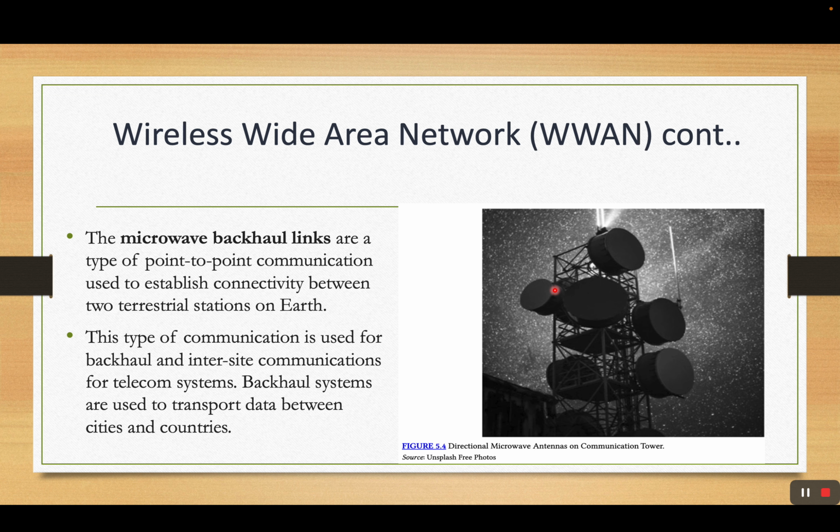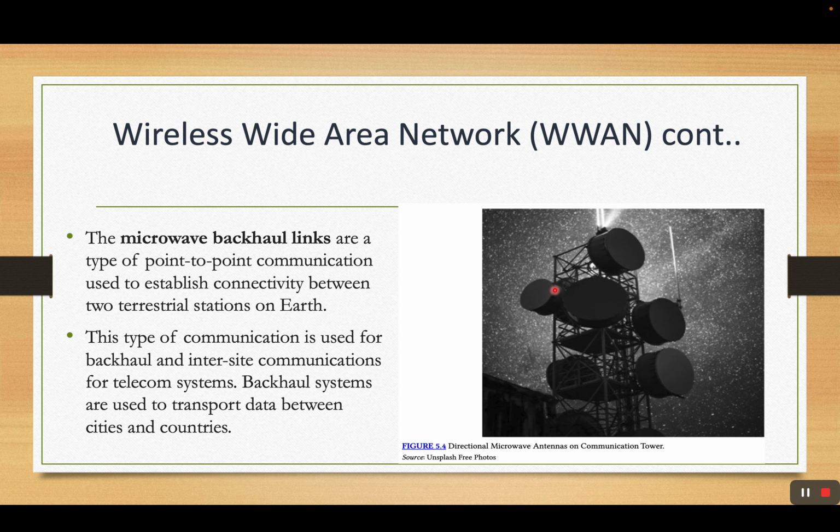Now, microwave wavelengths fall between 1 meter and 1 millimeter, and their frequencies range between 300 megahertz and 300 gigahertz. Microwave frequencies offer higher data transmission bandwidth, making them suitable for high-bandwidth transmission lines between cities and countries.